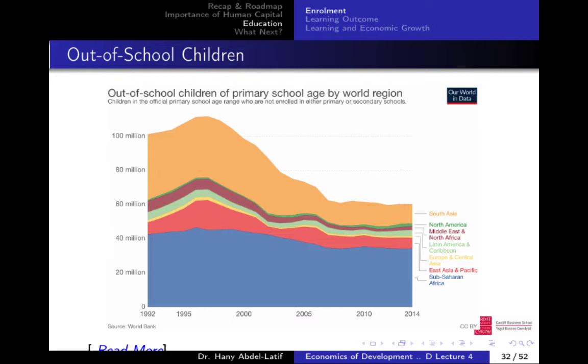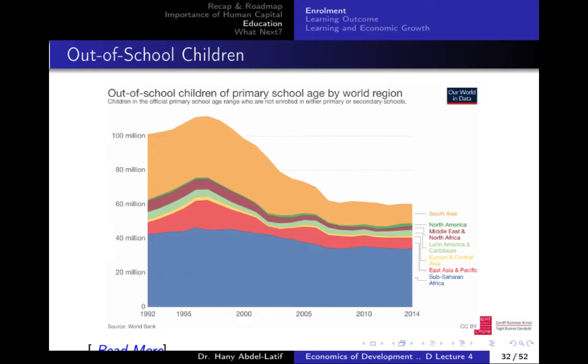And this figure dropped, you see, to maybe somewhere around 60 million by 2014. And these colors explain per region where these figures come from. Where do they come from mainly? Africa. So there are no surprises.